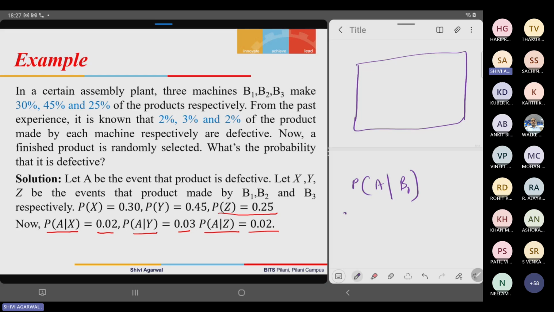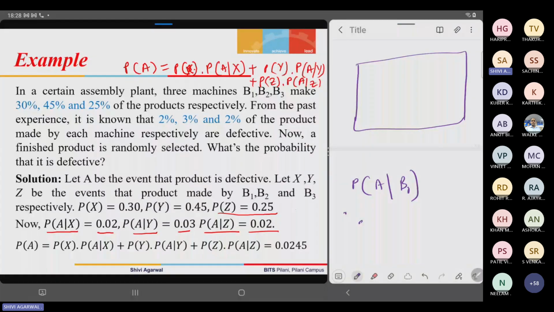Now we have to find the probability of A. As I told you, the probability of A is the probability of X multiplied by the probability of A given X, plus the probability of Y multiplied by the probability of A given Y, plus the probability of Z multiplied by the probability of A given Z. By this formula, we can calculate this.